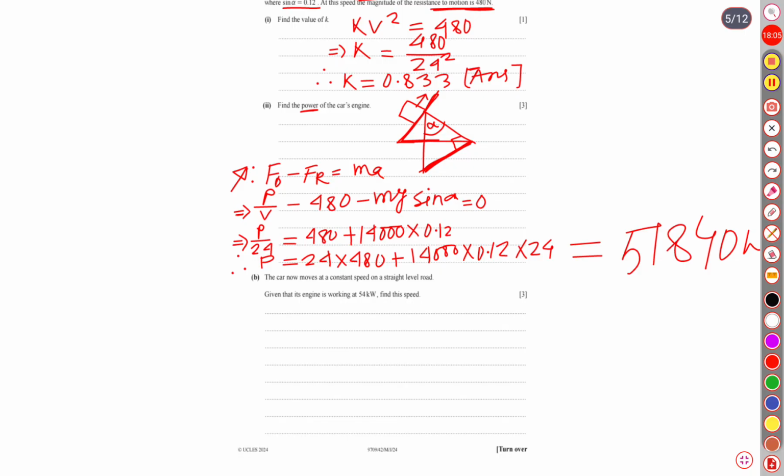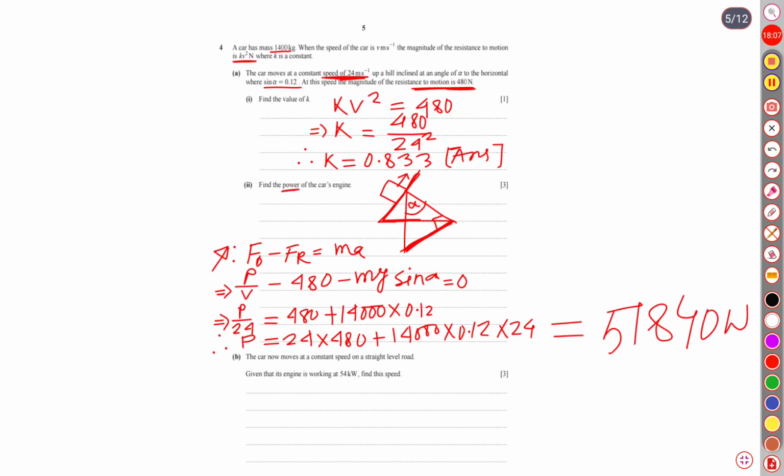That means we have found the power of the engine when it is moving up the hill inclined at alpha. Then let's see the next question, question number B. What does B say?